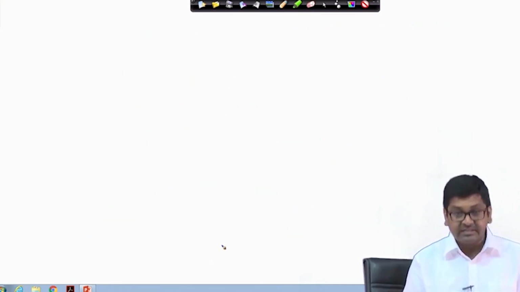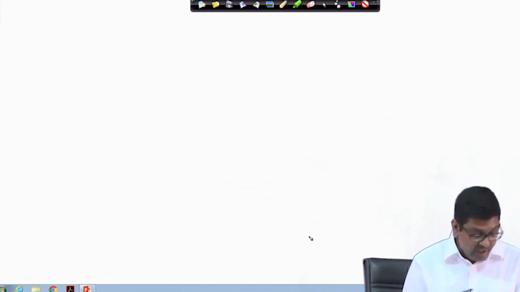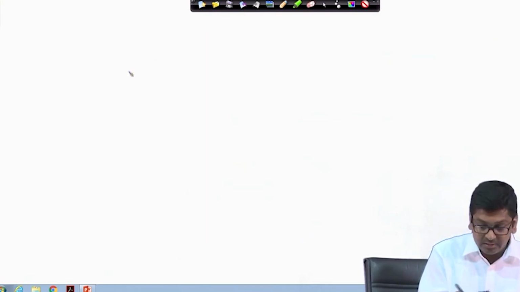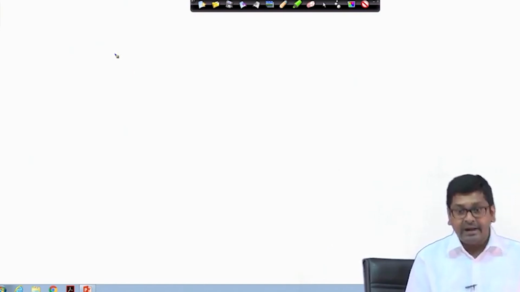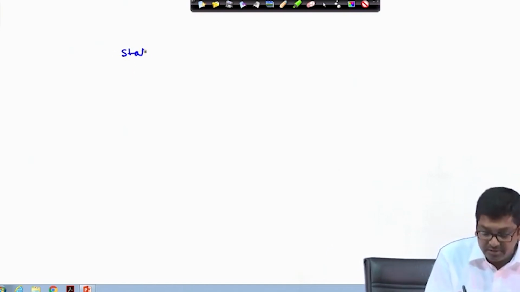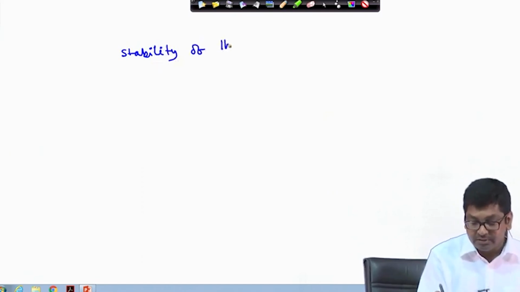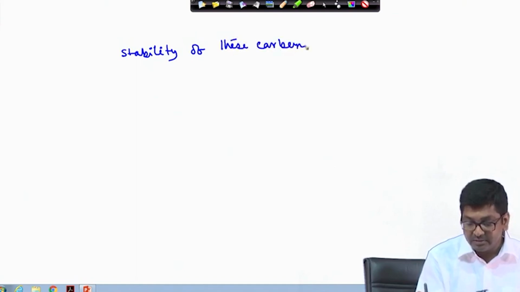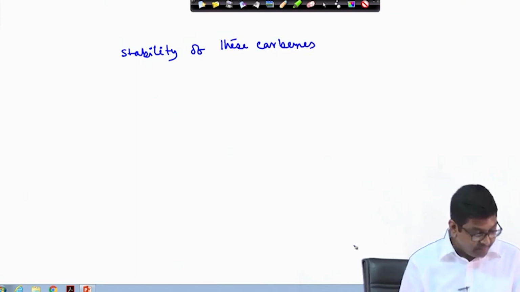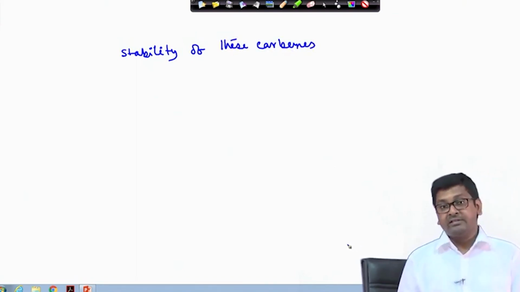So, now depending upon the adjacent substituents, how many types of carbenes can there be? As we already mentioned, the stability of these carbenes depends on their substituents.